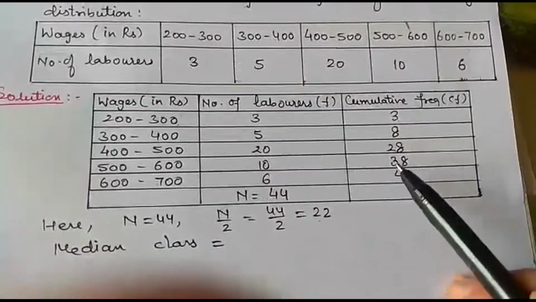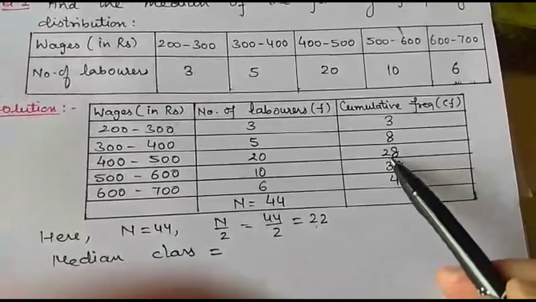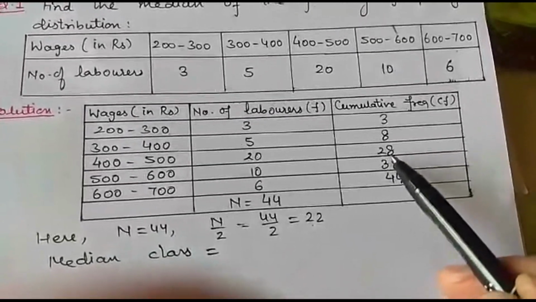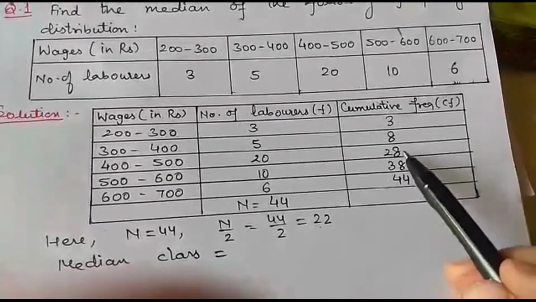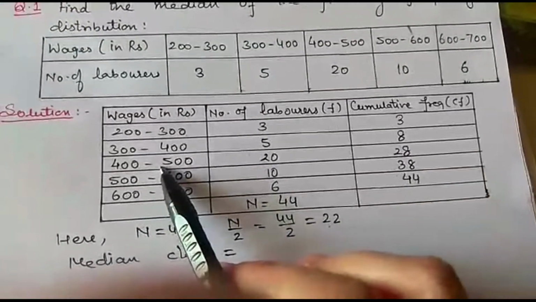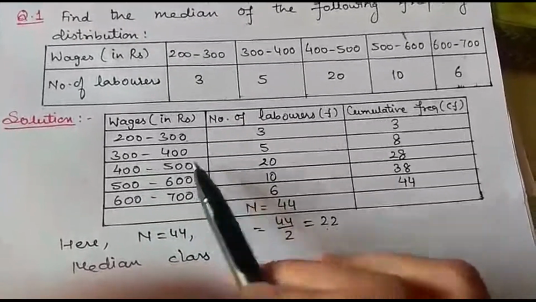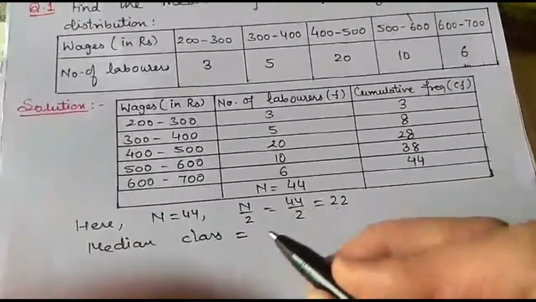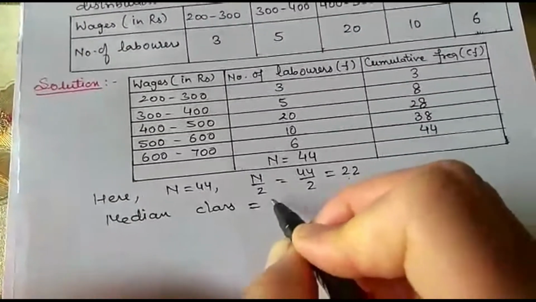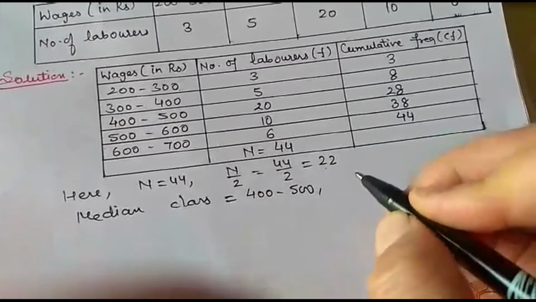Now for this, look, here half of n is 22 and the cumulative frequency which is just greater than 22 is 28. So the class corresponding to 28 is 400 to 500. So this will be the median class. So the median class is 400 to 500.